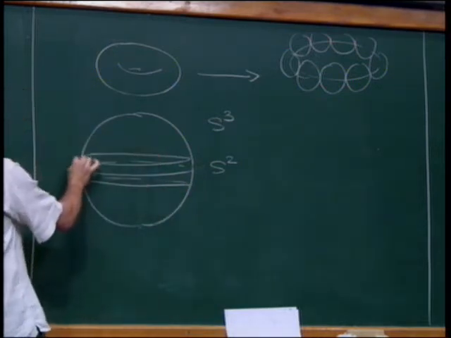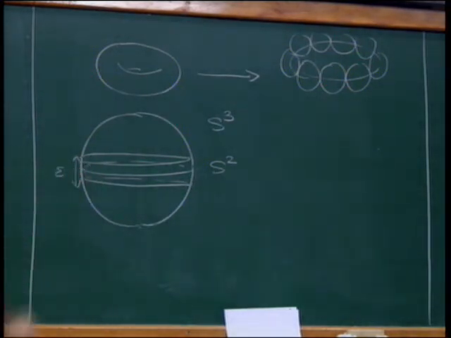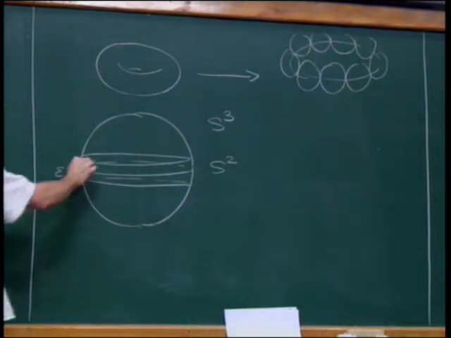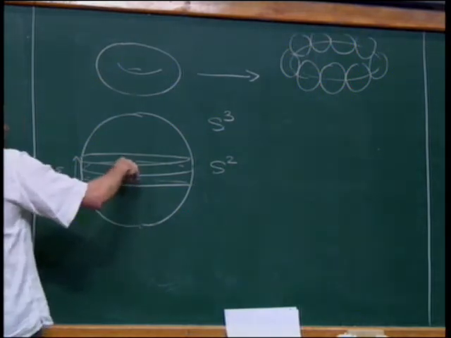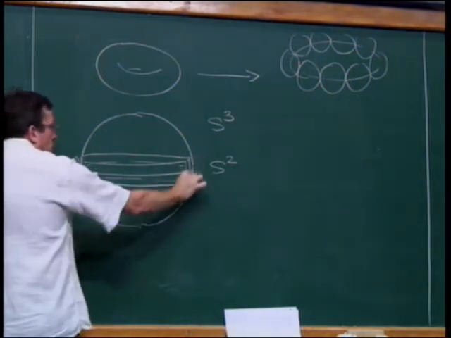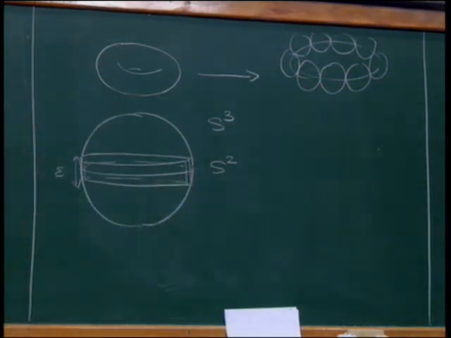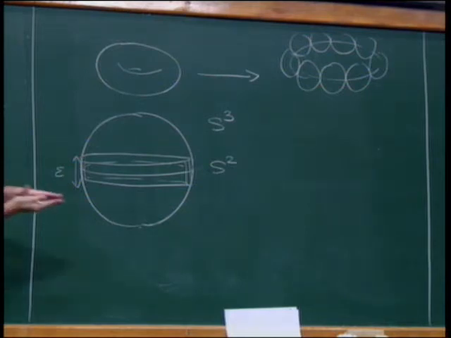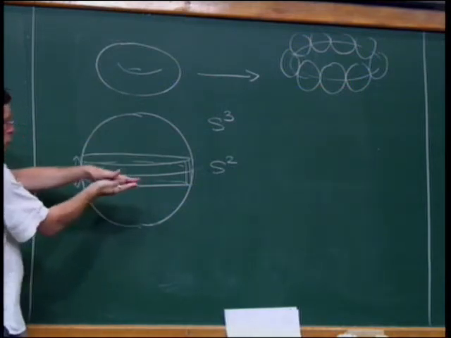This distance is supposed to be very small, let's say epsilon. And then you can connect these 2 spheres. So this one is a S2, this one is a S2. You can connect them by small catenoids at 2 antipodal points. So the first bifurcated branch, you can picture it as being a doubling of 2 S2s.